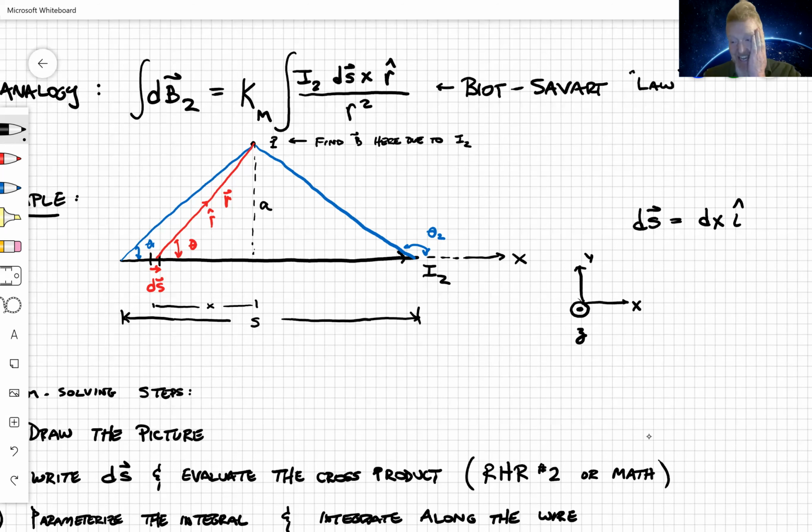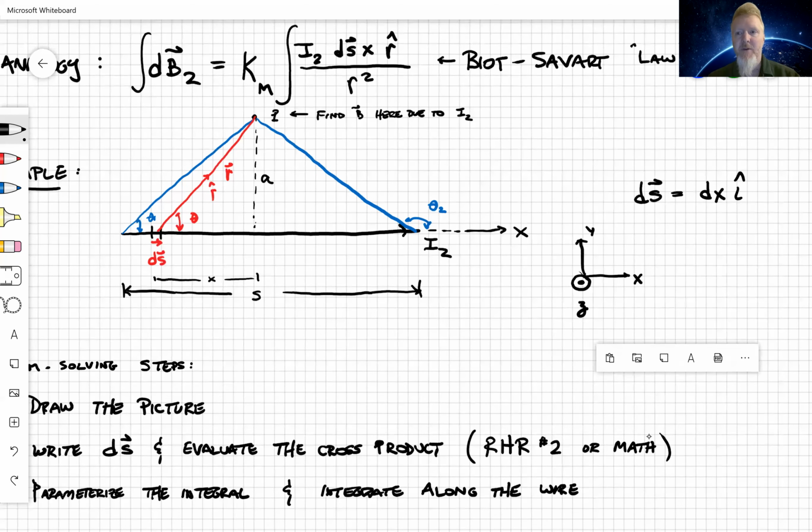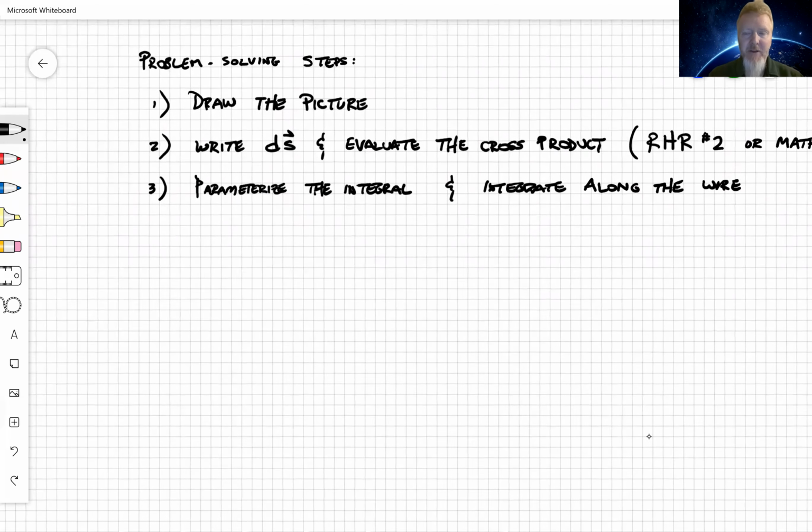So ds is dx I hat, and I'm going to cross that into r hat. So fingers with ds, or I guess with dx, and cross them into fingers with, I really should say, fingers with I hat, and then cross them into r hat. So let me do a couple of steps down here, and we'll come back to the picture.